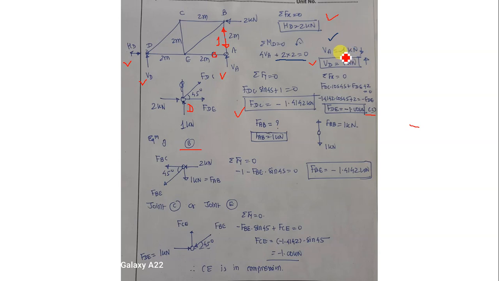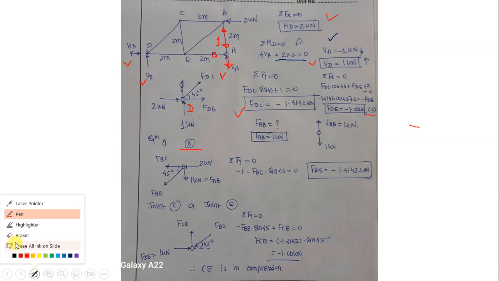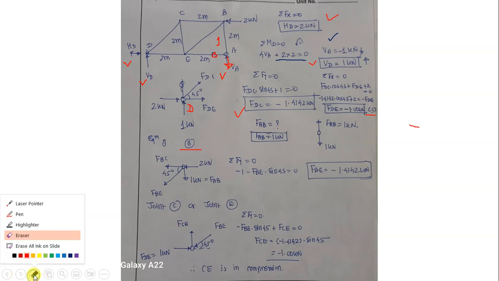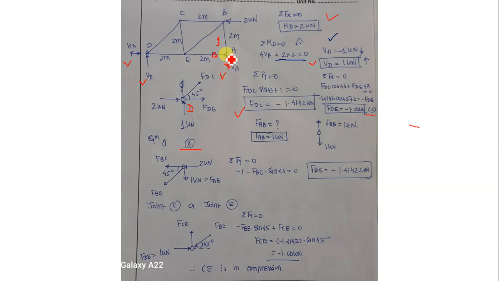Sorry, VA is actually acting in the downward direction. Let me correct it. And hence this is the force in AB to satisfy the equilibrium, 1.